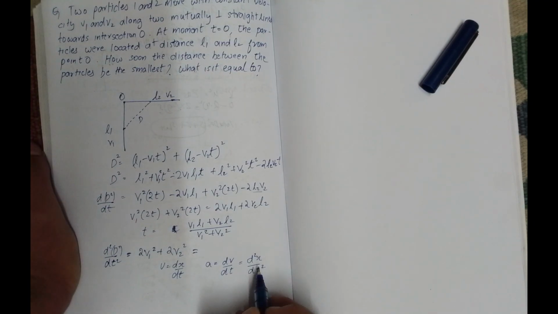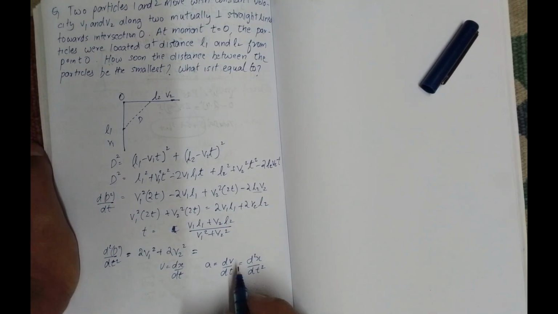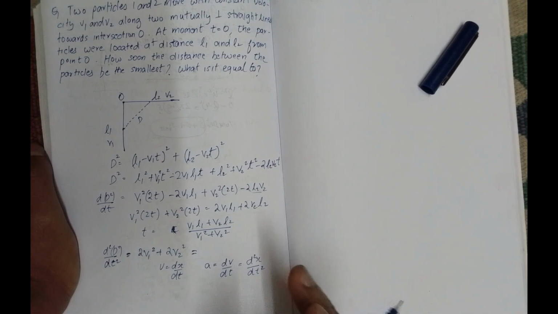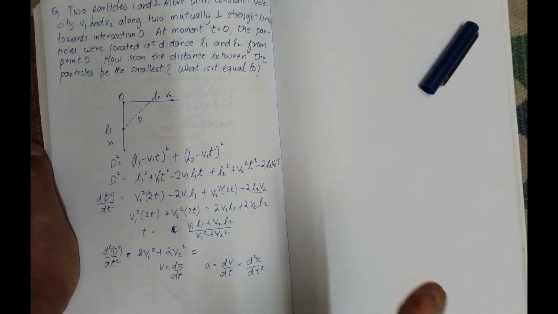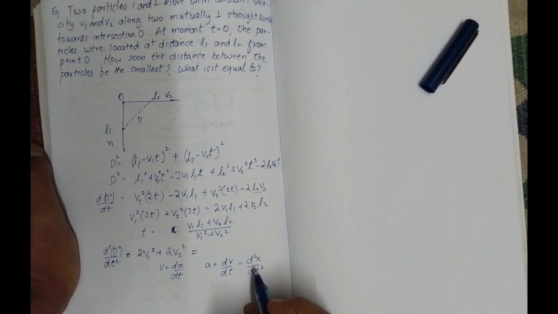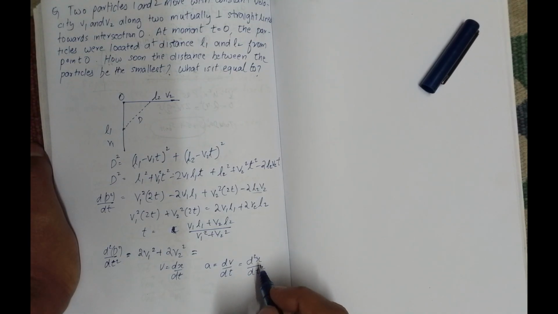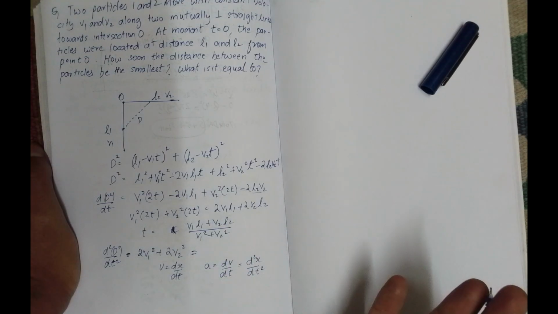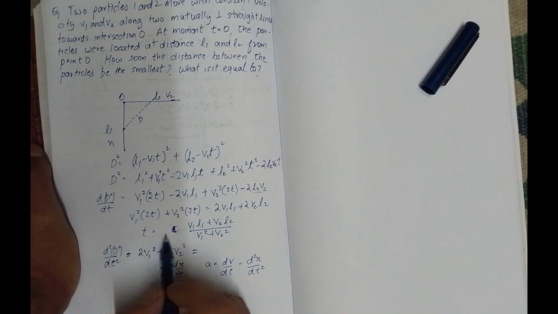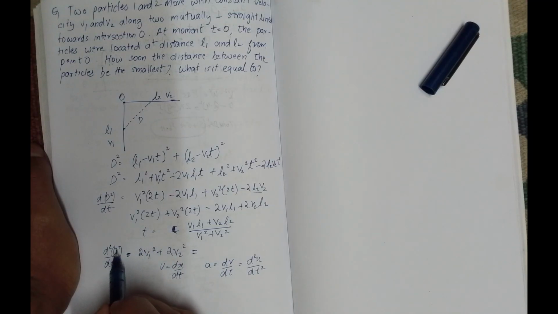Rate of change of velocity, and velocity itself is rate of change of displacement. Because you are differentiating x with respect to time twice. Similarly here you are differentiating this with respect to time twice, and what you get here is a positive thing.